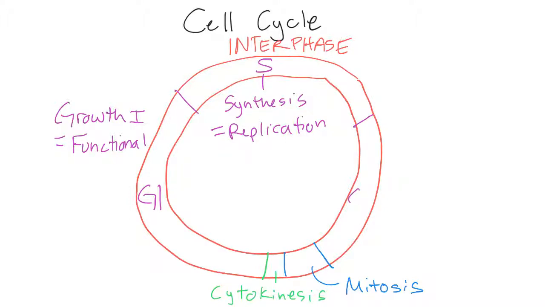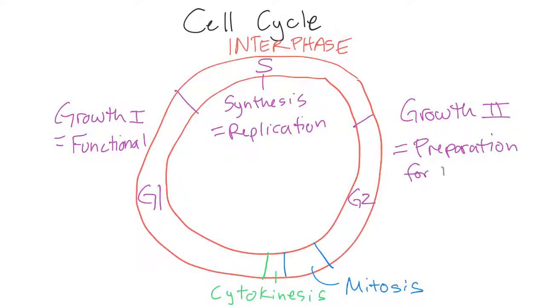All right, and then the last one is called G2. And what's happening in this phase is preparation for mitosis. Okay, so this is where you're going to double the number of organelles.